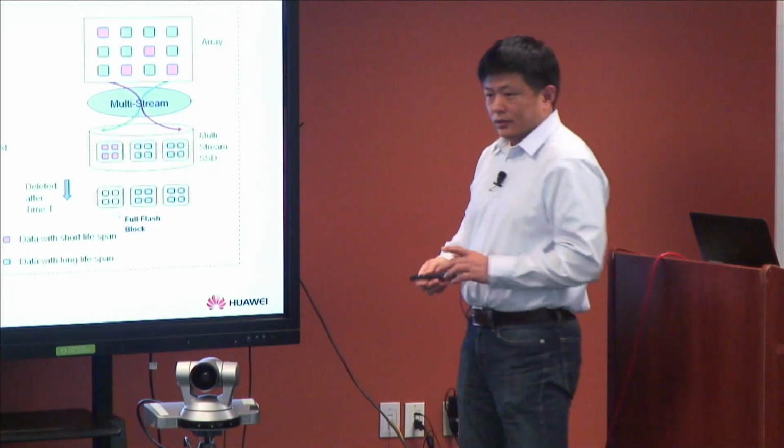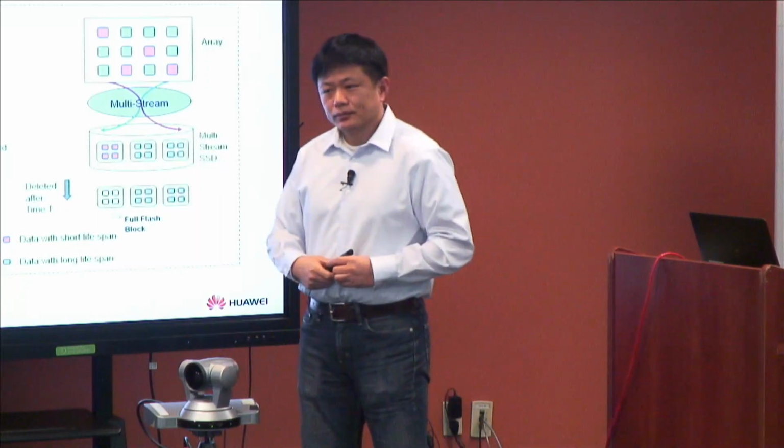I'm still confused about your comment. How do you know, when the data is being written, whether it's going to have a short or a long lifespan? I understand what you're saying in terms of collection and if you're moving data, but how do you know?